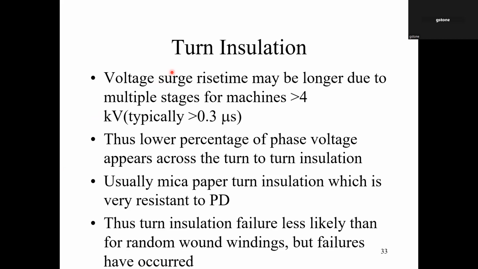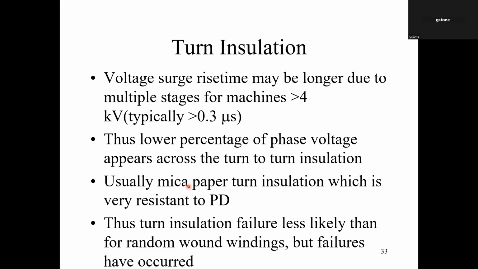But the thing that really saves us is that for many decades now, we've used something called mica paper as a turn insulation in higher voltage motors, even in 50 or 60 hertz applications, but certainly in inverter applications.